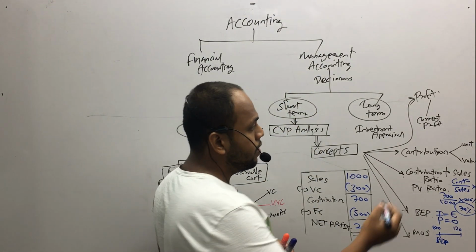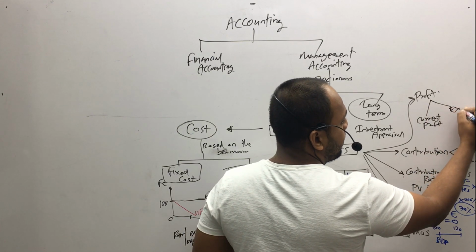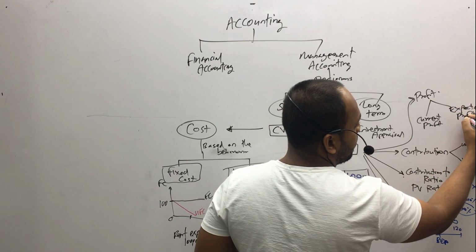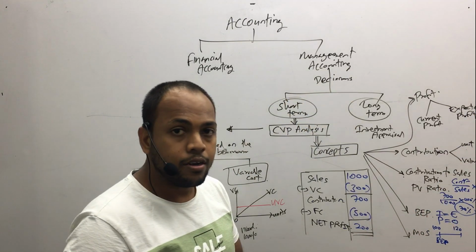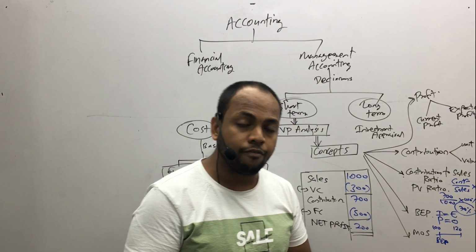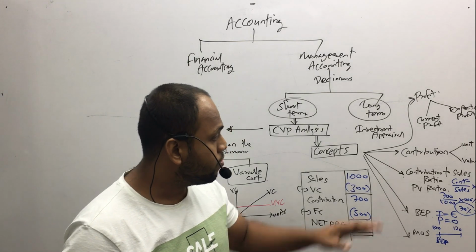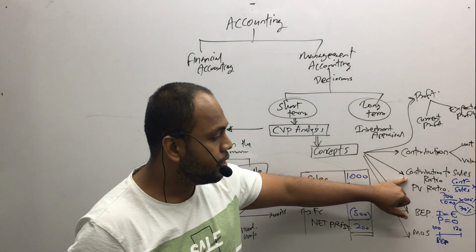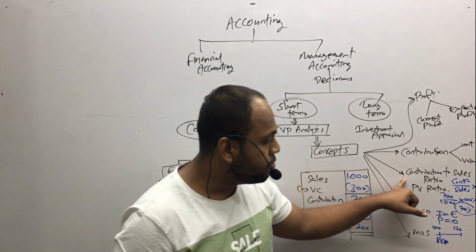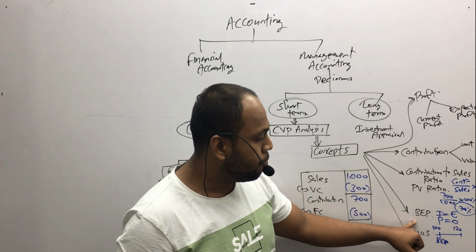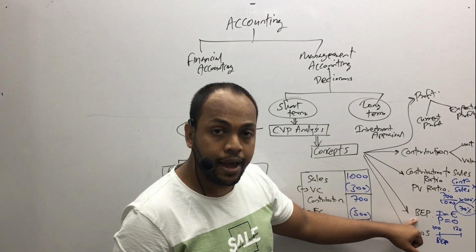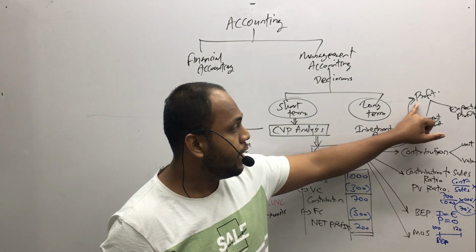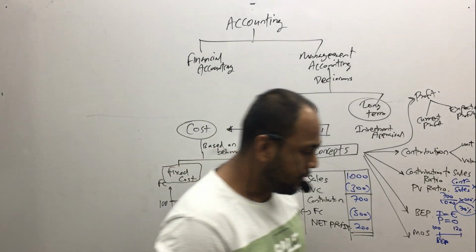Then we can calculate the expected profits. What is our expected profit? So number 1, contribution. Number 2, PV ratio, contribution to sales ratio. Then break-even point, BEP analysis. Then margin of safety, and calculating the profit.